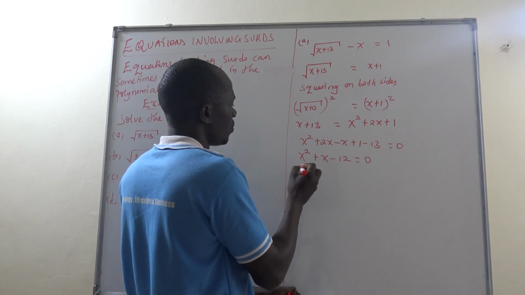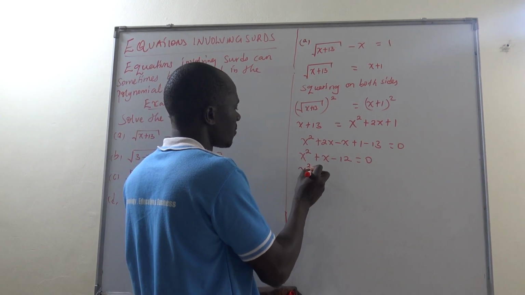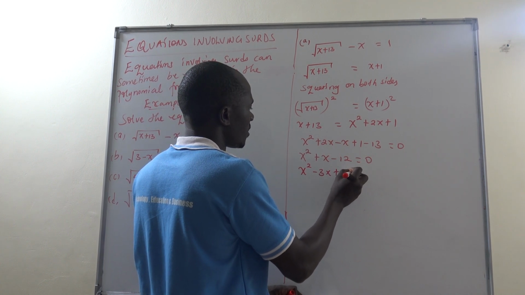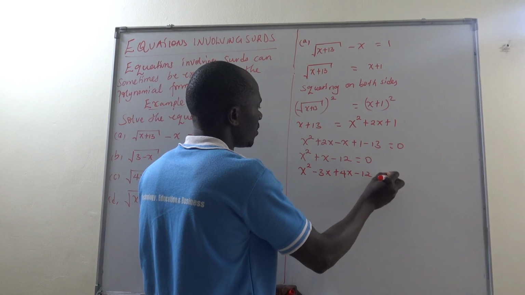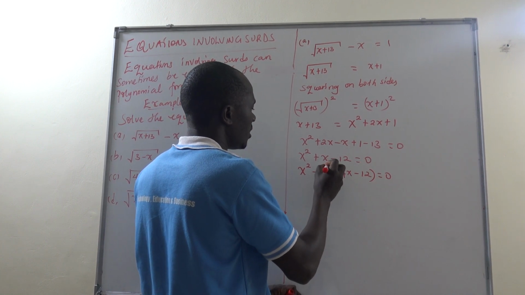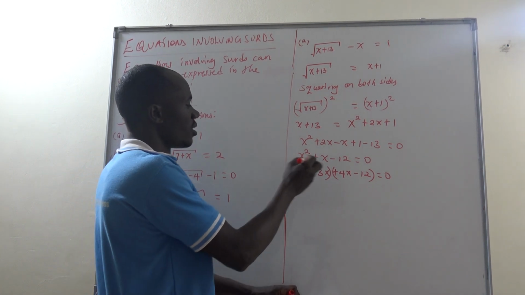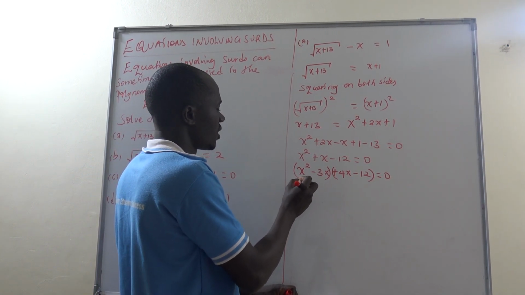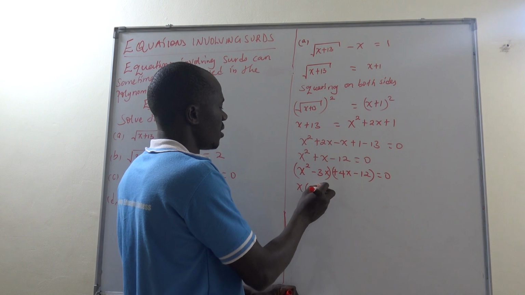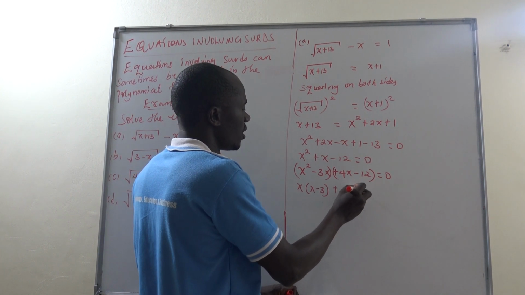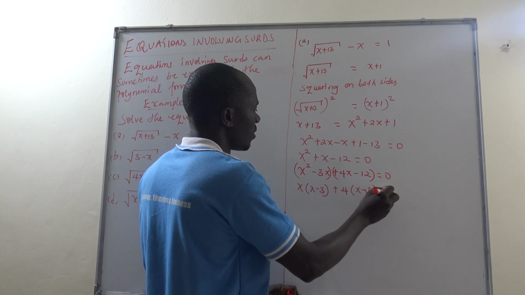We substitute in: x squared minus 3x plus 4x minus 12 equals 0. Two terms in a bracket, two terms there. We go ahead with the factorization. What is common is x into x minus 3, and what is common here is 4 into x minus 3, equals 0.